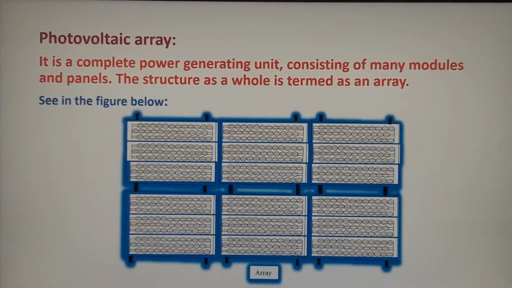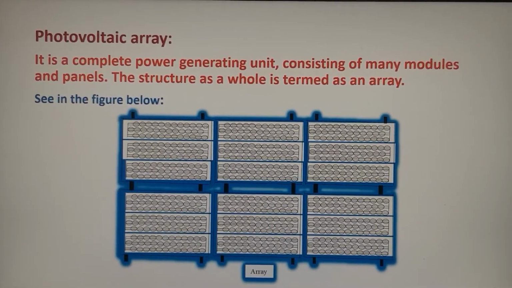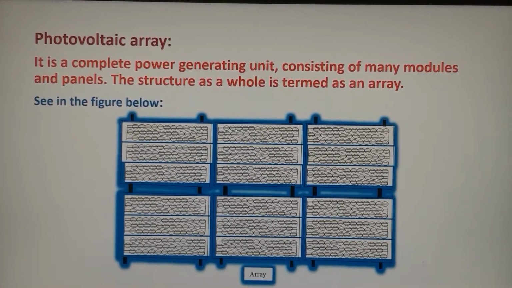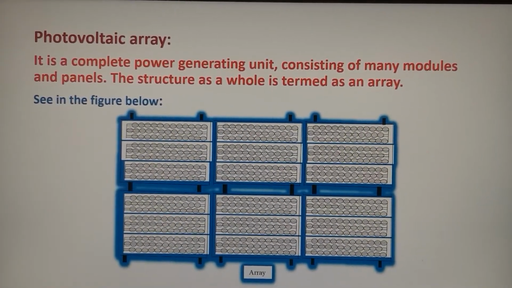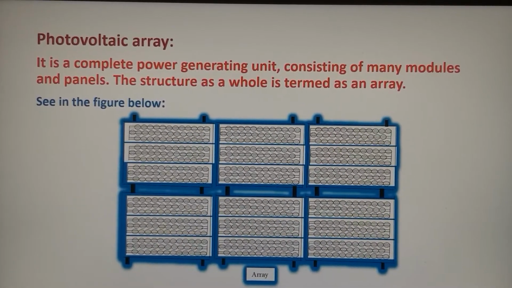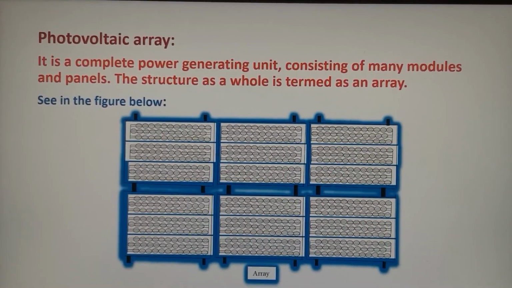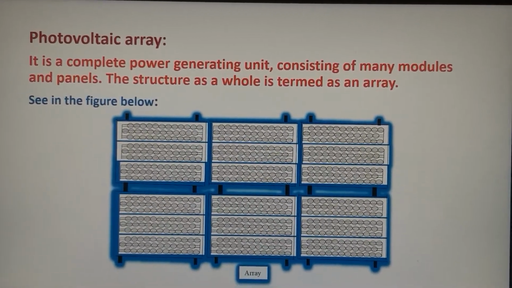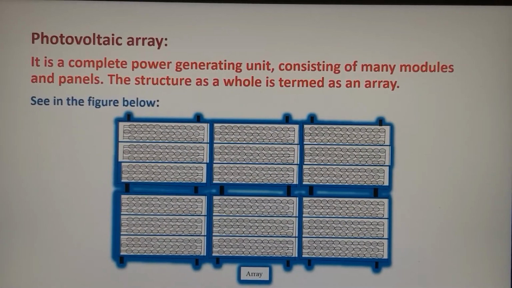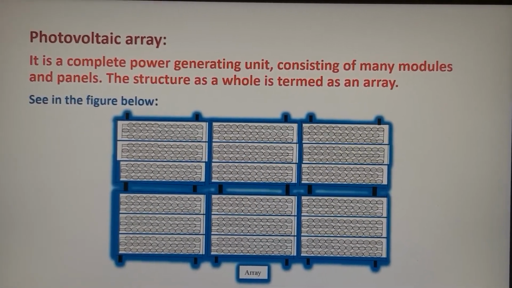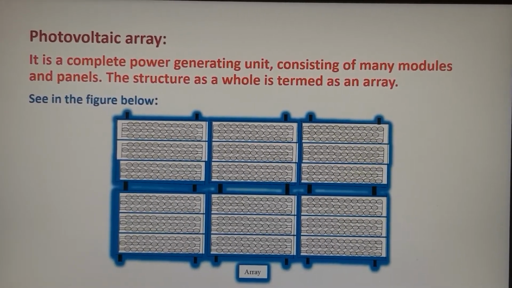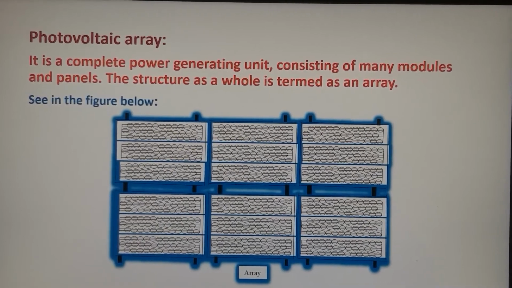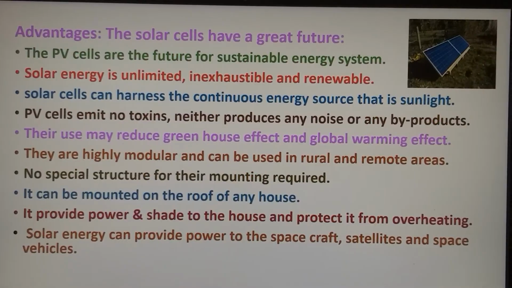A photovoltaic array is a complete power generating unit. It consists of many modules and panels together as a whole structure, and then it is called an array. So these are the various designs of mounting of photocells on the structures to produce a large volume of electricity.